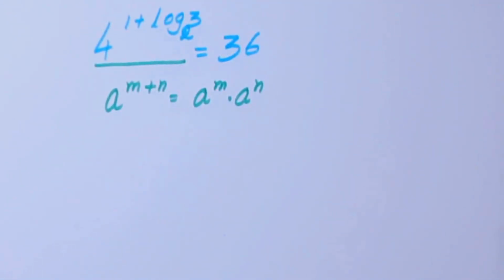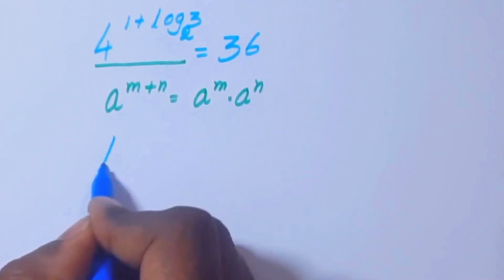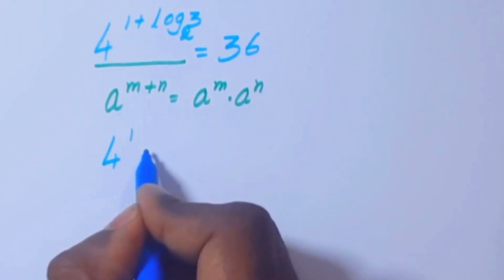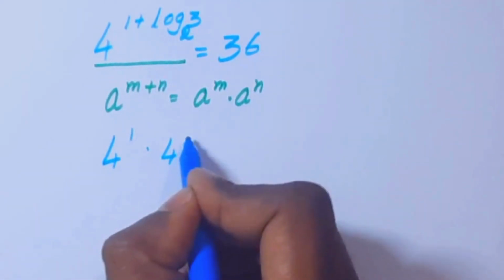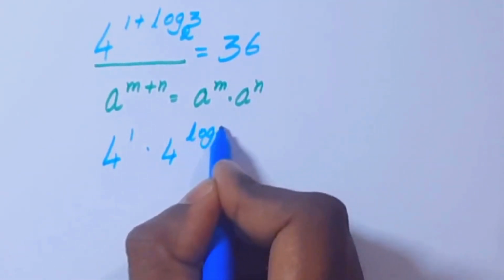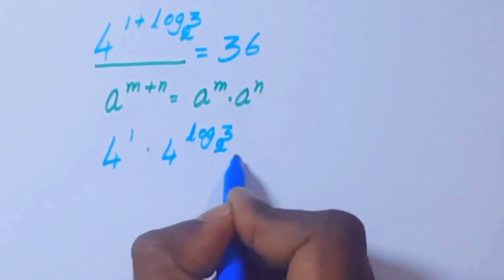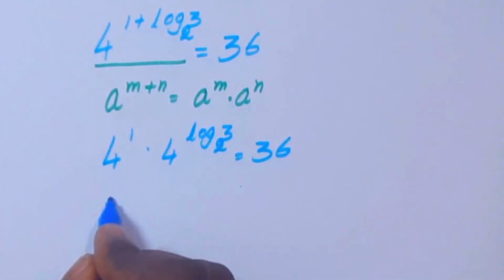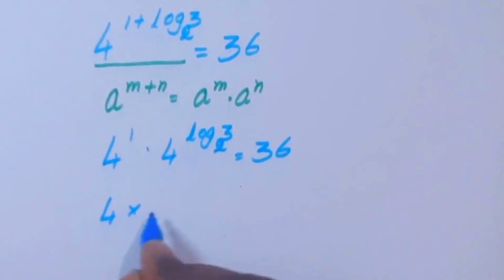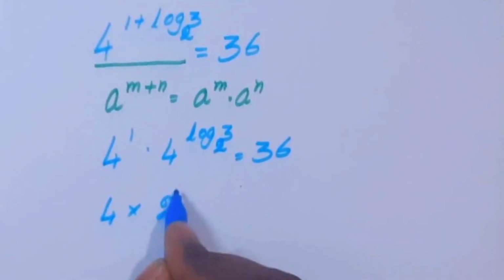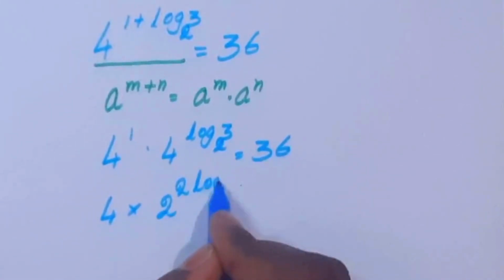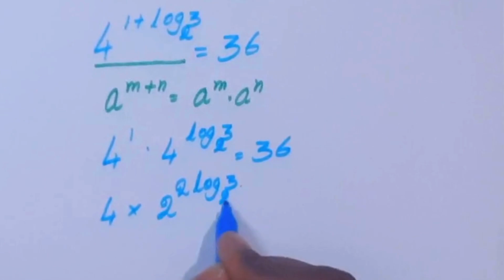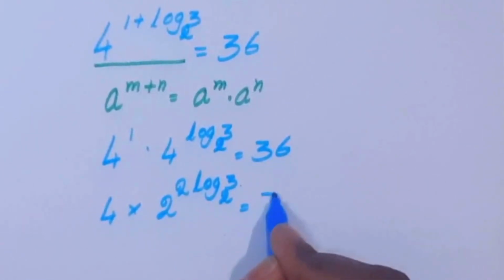So 4 power 1 times 4 power log 3 base 2 equal to 36. This 4 power 1 is 4 times of this. 4 can be written as 2 power 2, so 2 power 2 log 3 base 2 equal to 36.